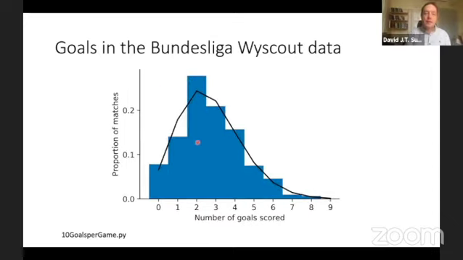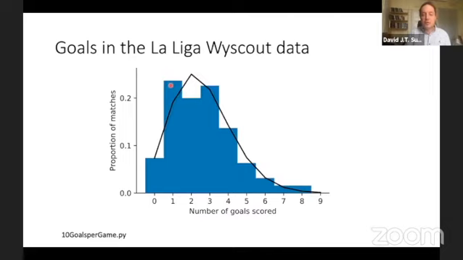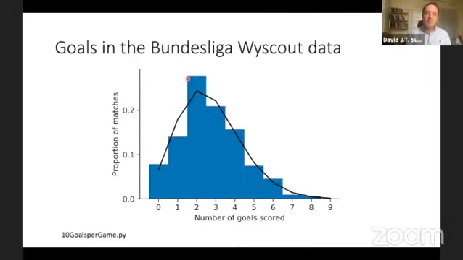If we look at Bundesliga, possibly overrepresented 1-1s here, more draws than we might expect. You can see 0-0, more draws than we might expect, less 1-0 results, but pretty much consistent with the Poisson model.